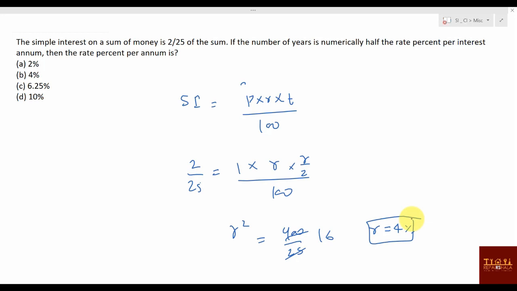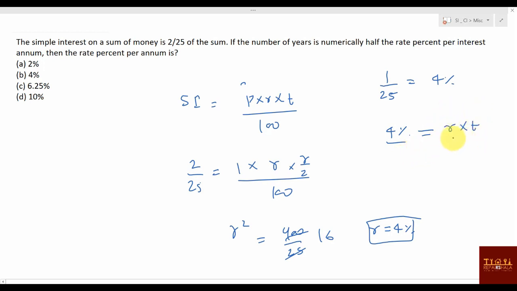Or another way of saying this is that 2 by 25, 1 by 25 value is 4%, right? And this 4% will be having the terms R and T. It might be 4, 1, 2, 2.